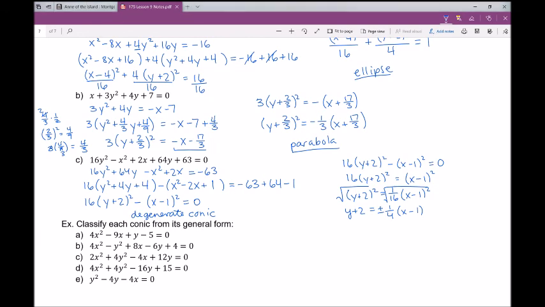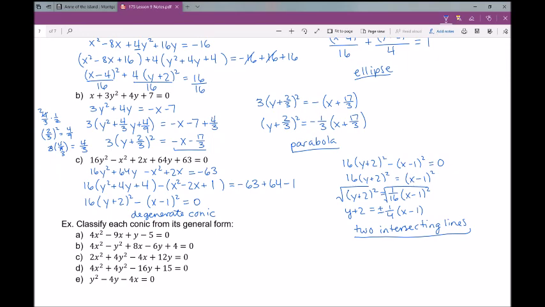So what we have here are two intersecting lines. Okay, so if you were to graph this in a graphing calculator in that general form, it wouldn't give you a hyperbola, it would actually give you two lines that cross each other. Okay, so this is a good example of a degenerate conic and how that arises from the general equation.